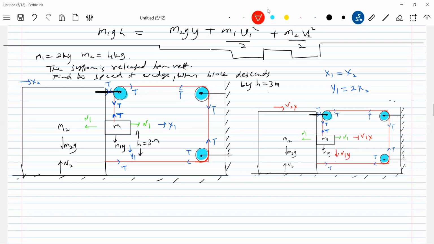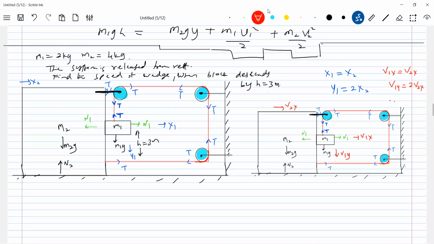Got it? So now from the constraint equation, what can you write? v1x equal to v2x, then v1y equal to 2v2x. Got this? So this is the constraint equation. Okay, now can you apply conservation of mechanical energy?